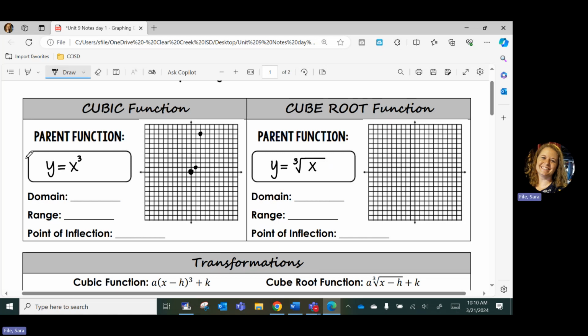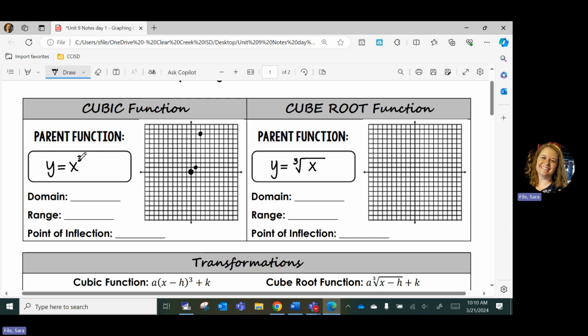But what about to the left? What if I go negative? What if I input a -1? -1 times -1 times -1 is -1. We talked about this back before spring break. Remember, if you have an odd power, your sign is going to stay the same. If your input is positive, your output will be positive.